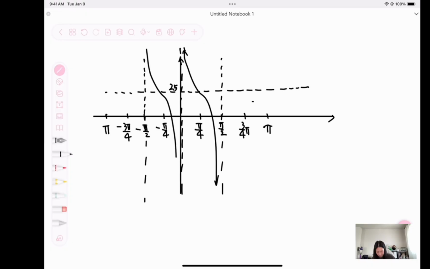Okay, so that's the two phases. And let me also locate the midpoint for you. So the midpoint of the graph is in here, which is, actually, let me make it a little bit harder.